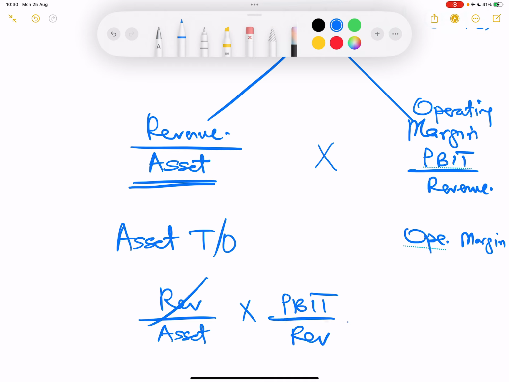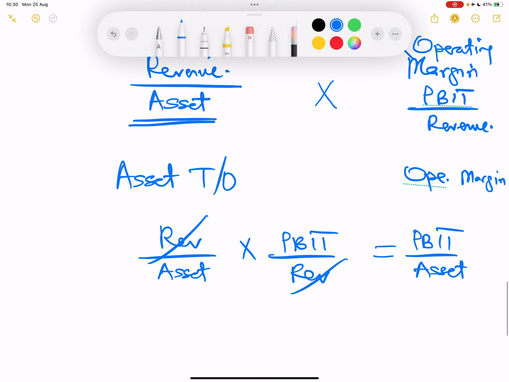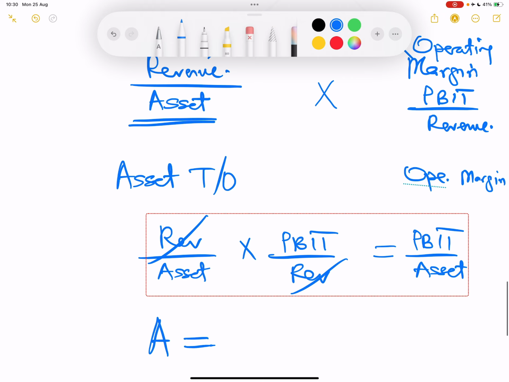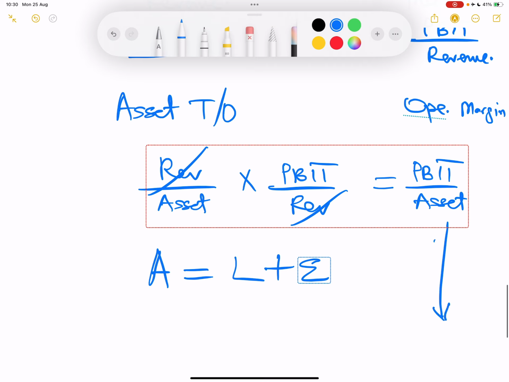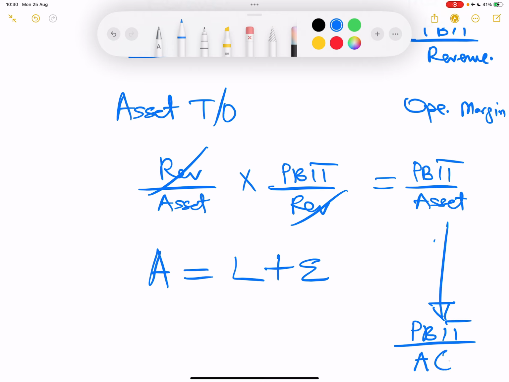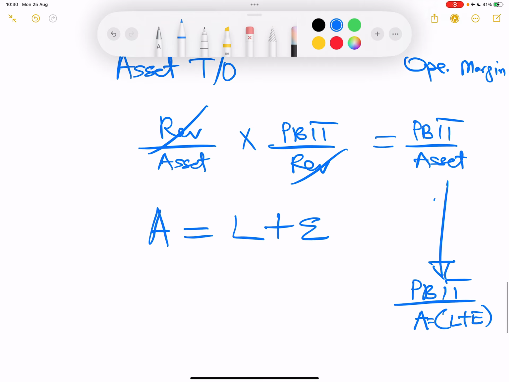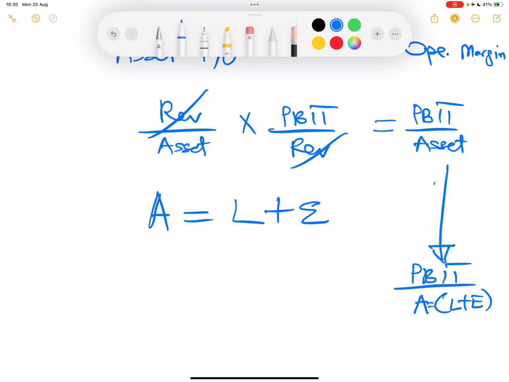So now if you cancel this one out, what you have back is your PBIT over asset. And remember, in your accounting equation, your asset is equal to liability plus equity. So that is why this is still the same thing as your PBIT over capital employed, which is the same thing as liability plus equity. So that is an analysis that you have to really be comfortable with.